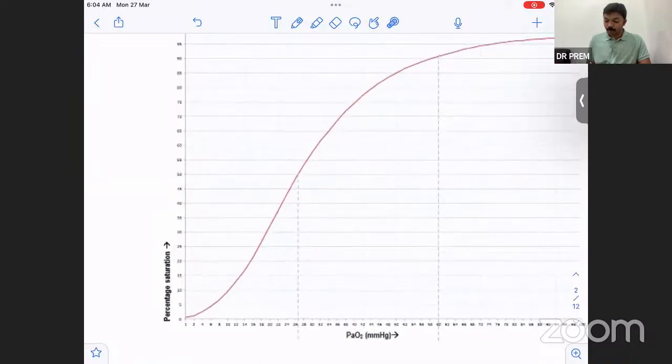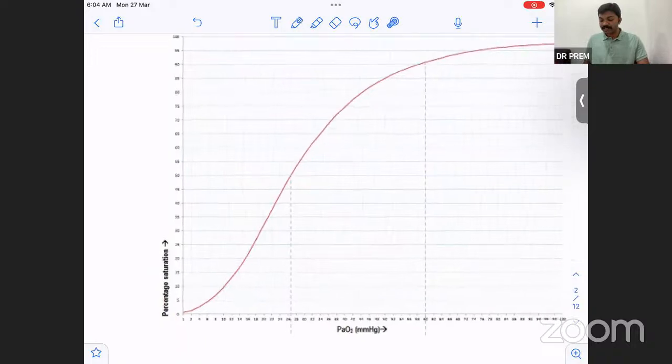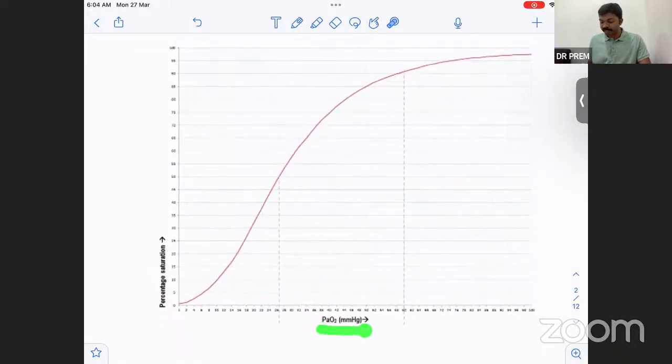See guys, on our y-axis, we are seeing percentage saturation of hemoglobin. How much of the hemoglobin is saturated with oxygen is represented on the y-axis. On the x-axis, you're looking at partial pressure of arterial oxygen. So this curve shows the relationship between partial pressure of arterial oxygen and percentage of hemoglobin saturated with oxygen. And if you see this relationship at a partial pressure of 26.7, I repeat, this value is quite important.